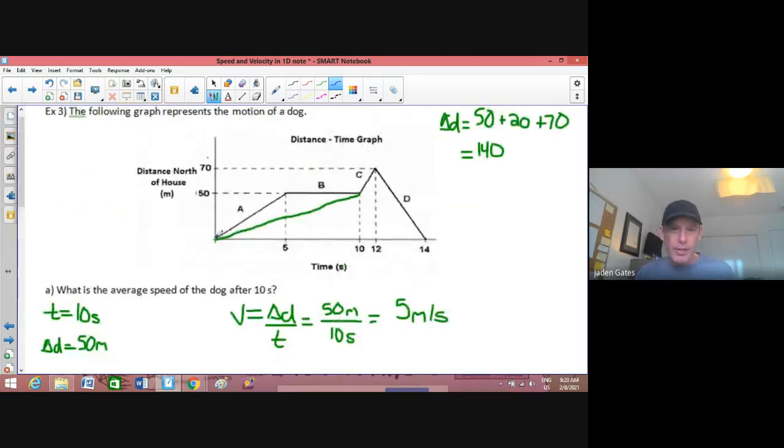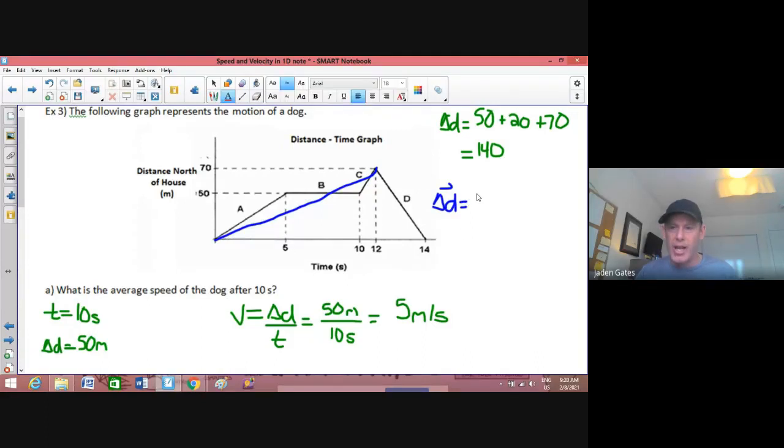Well, let me see here. I'm going to try to erase screen line here. There we go. All right. So let's see. Counted up the first part. The displacement, the dog ran, well, look at the first 12 seconds here. It ran 70 meters north. First, it ran 50. So let's do that. We'll go with delta D here. Figure a displacement. So I total up all the sections here.